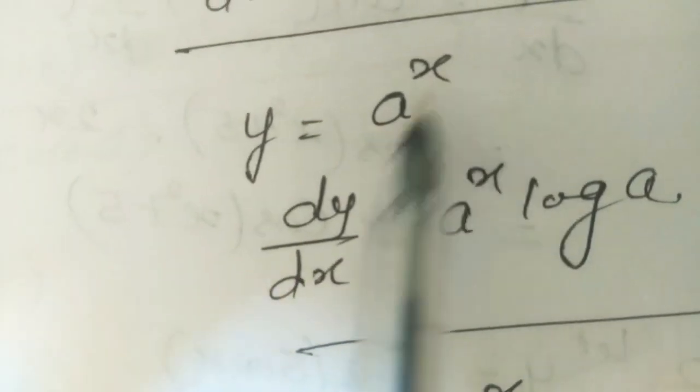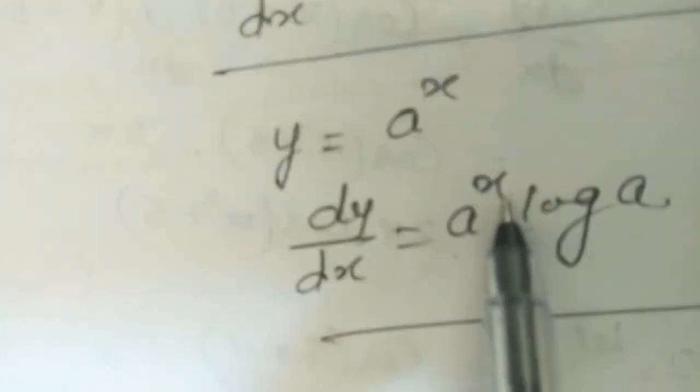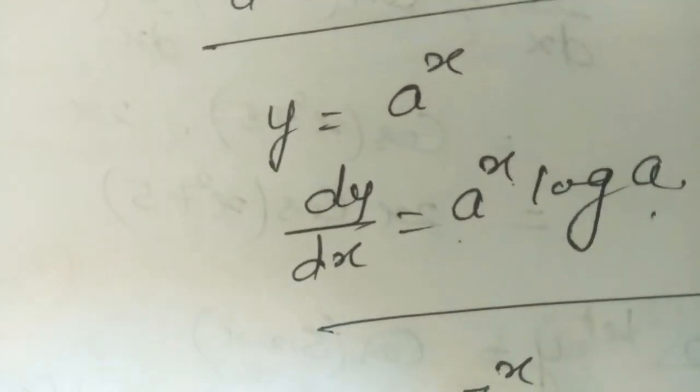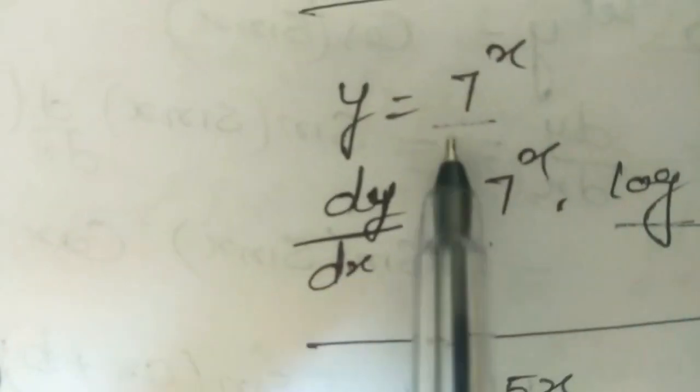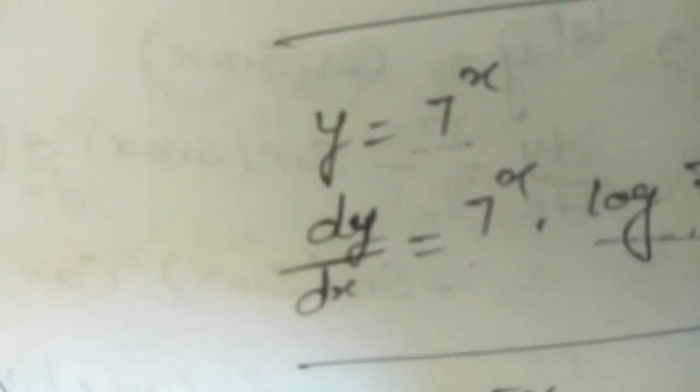Okay. Now in the same way, a raised to power x derivative. What is the derivative of a raised to power x? A raised to power x into log a. Suppose the same question here, 7 raised to power x. What is the derivative of 7 raised to power x? 7 raised to power x into log 7. Now y is equal to, suppose, 7 raised to power 5x.